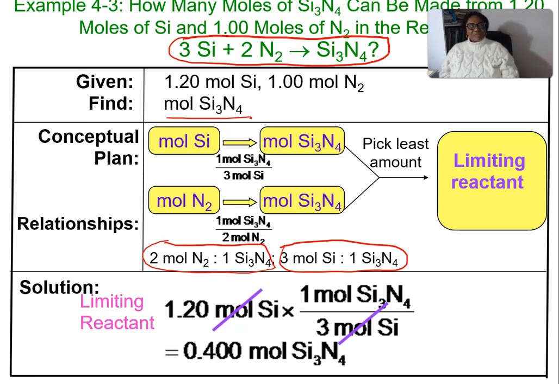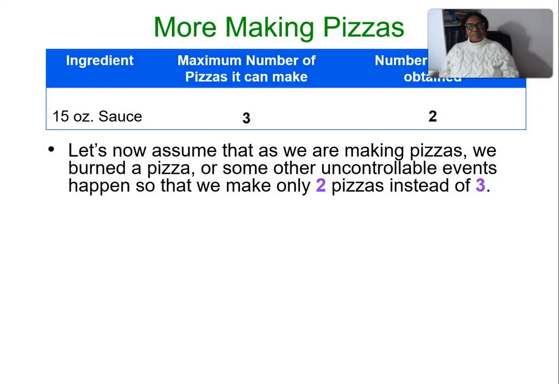So let's go back to making pizza. From our 15 ounces of sauce, the number of pizzas we can obtain is 3. So this is our theoretical yield.